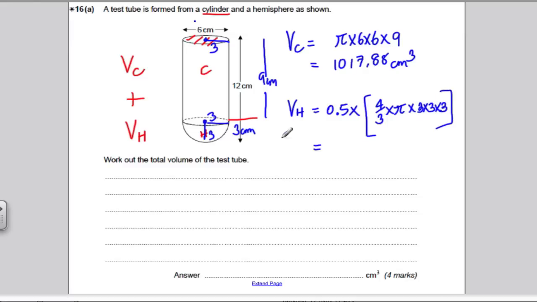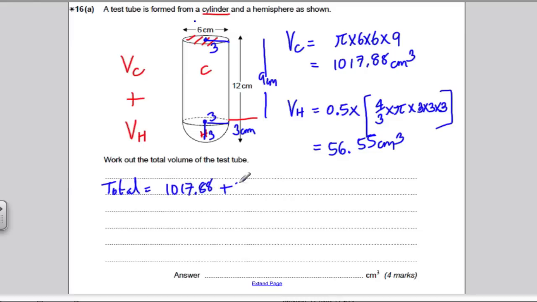We type that into a calculator, so 0.5 times 4/3 times pi times 3 times 3 times 3, and we get in total 56.55 centimeters cubed.